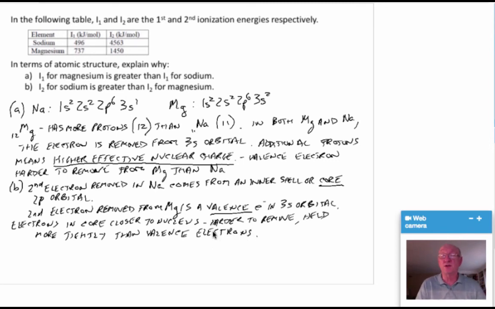So remember, short, sweet, to the point. Your main things: core electrons, valence electrons, higher effective nuclear charge. Those are your three main words over here, or sets of words, that are needed in order to answer the problem effectively. So that's the reason behind the behavior that you see in the table.